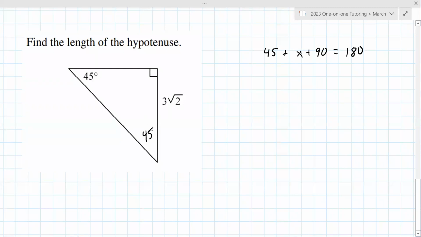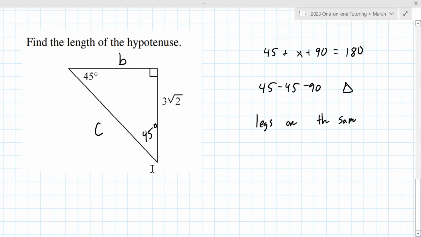Okay. Now, in a 45, 45, 90 triangle, which is what we have here, the legs are the same. Is B or C the other leg? Which is the other leg in this problem? The other leg is C, or I would say.